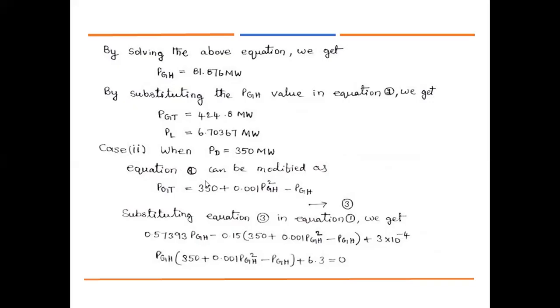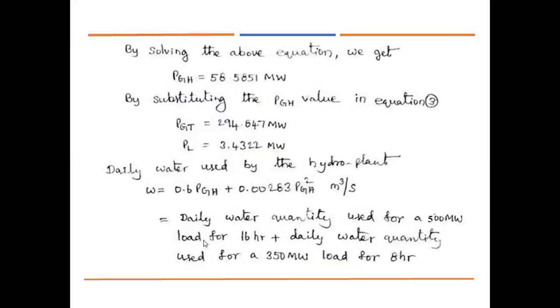Coming to case 2, here the demand is different, that PD equal to 350 megawatts. So we need to rewrite equation number 2 in terms of 350 megawatts. Then we will get PGT equal to 350 plus 0.001 PGH square minus PGH. Substitute equation 3 in equation 1, so we will get this equation. By solving the above equation, we will get the PGH value equal to 58.5851 megawatts.